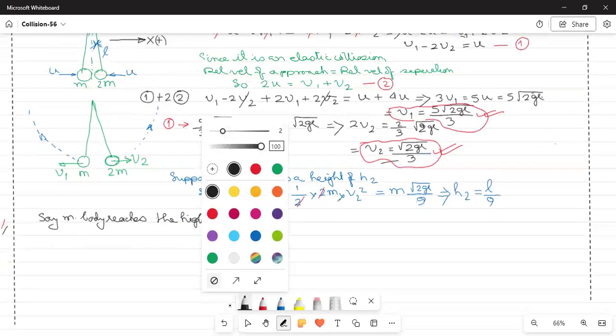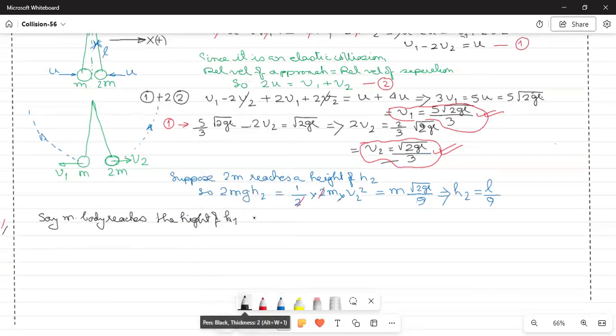Then in the similar equation, M g H1 is equal to half M V1 square, which is half M into 5 root 2GL by 3 whole square.